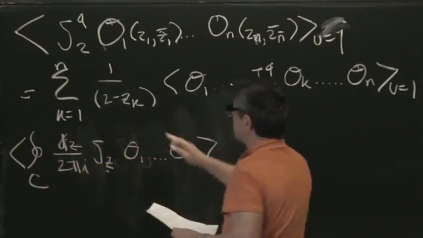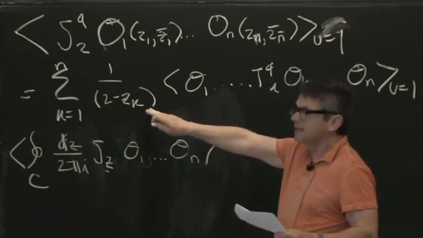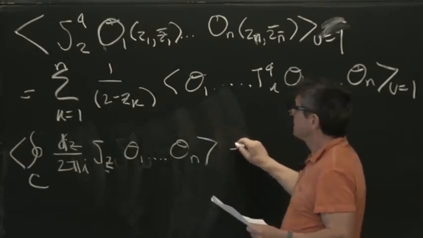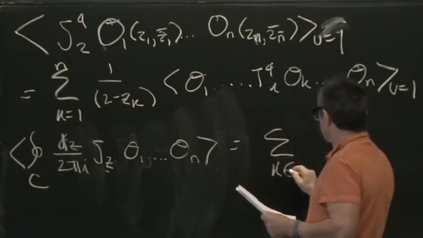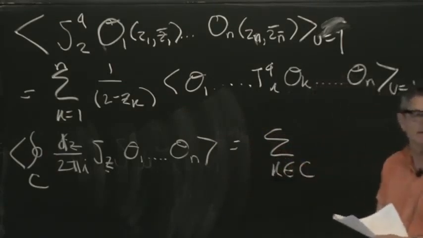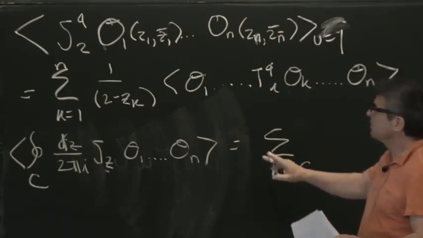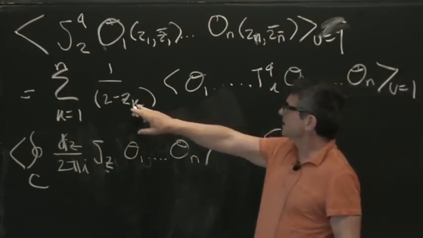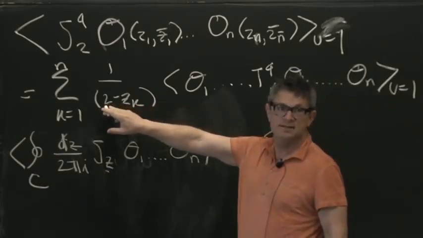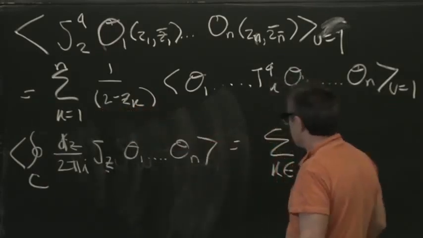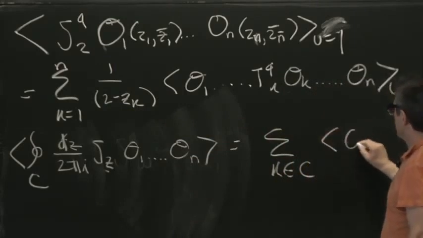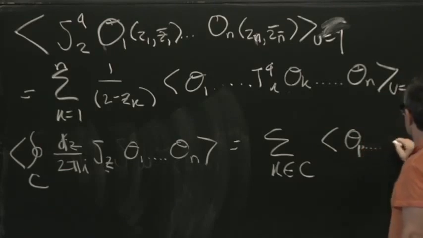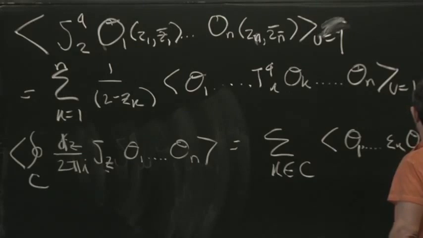And now we integrate the right-hand side. And what we get is a sum over all k's where zk is inside C of O1 through epsilon k Ok through On.